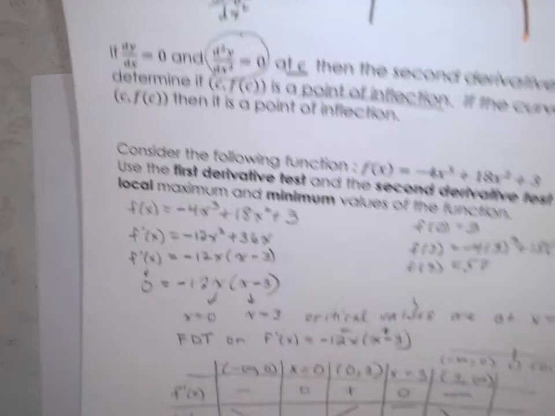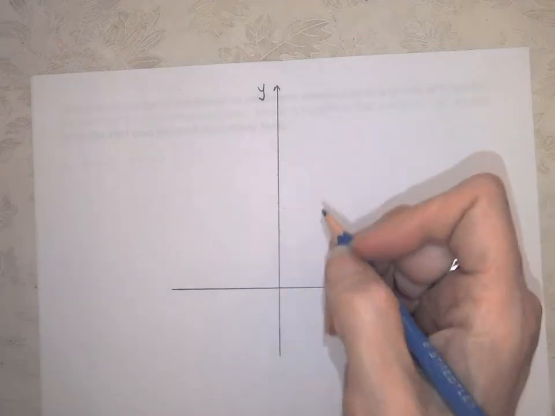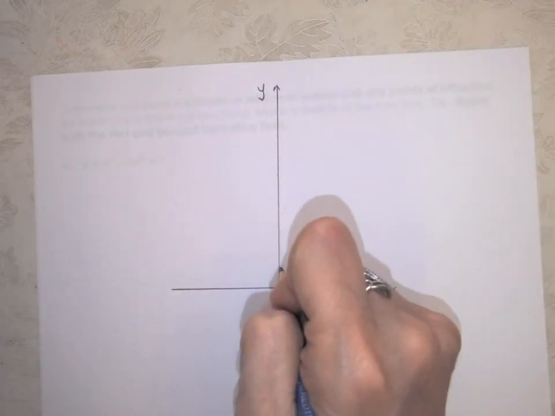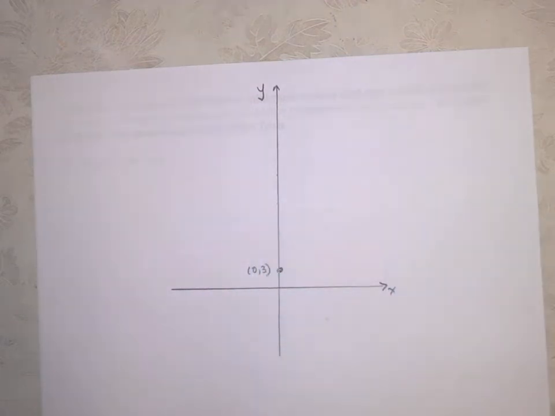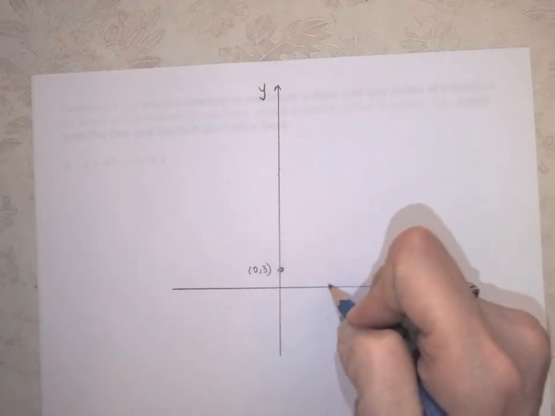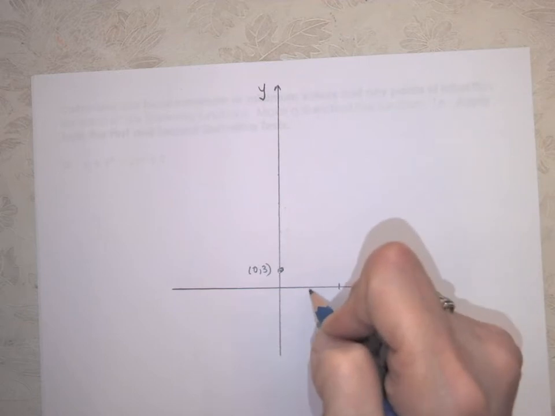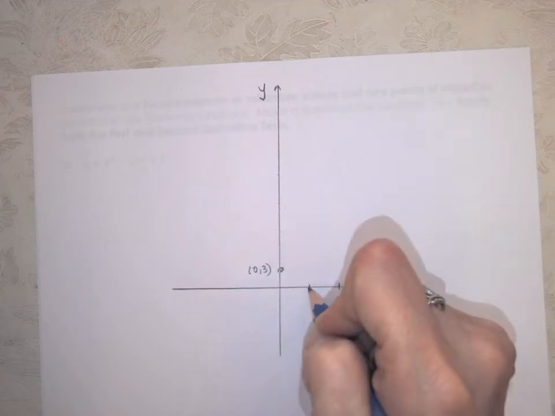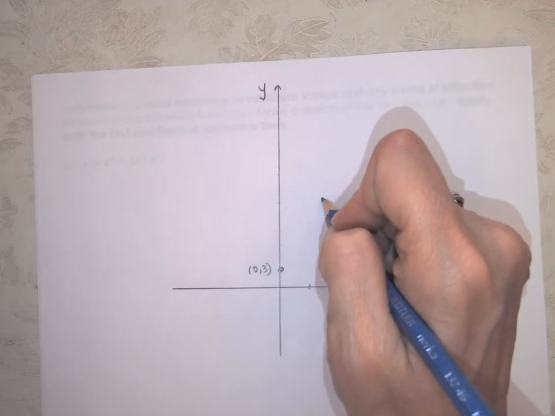So I see that I have a minimum at 0 and 3. So I'm going to put a point on here and label it 0 and 3. And then I've got a point at 1.5 and 30. So I'll make this 2, so this is 1. So 1.5 and 30, I'll just make a representative point here.